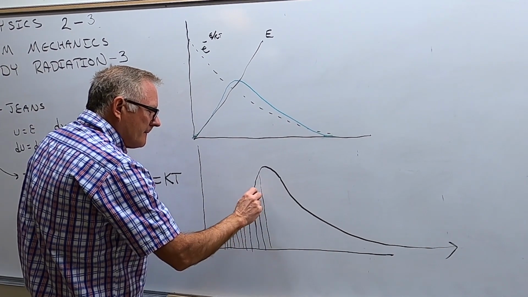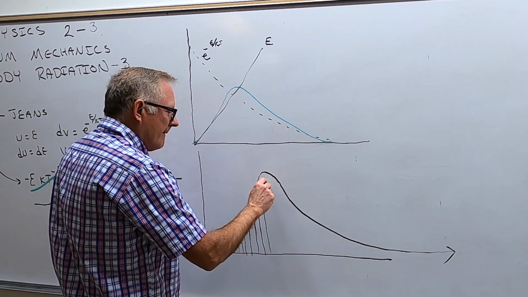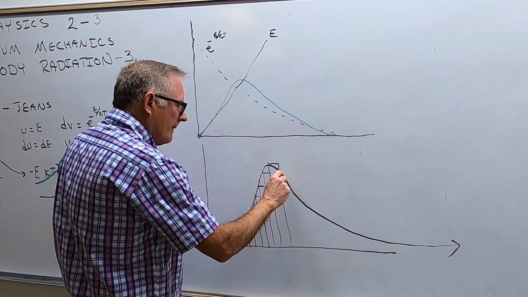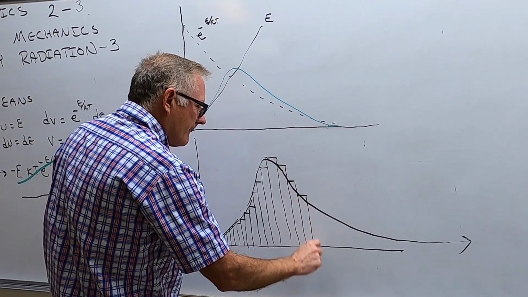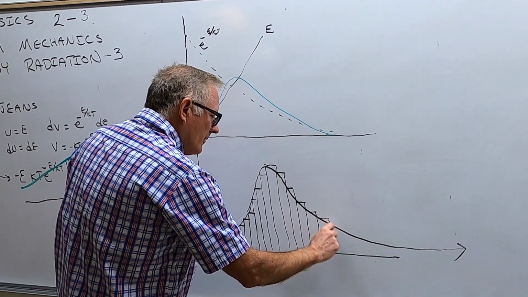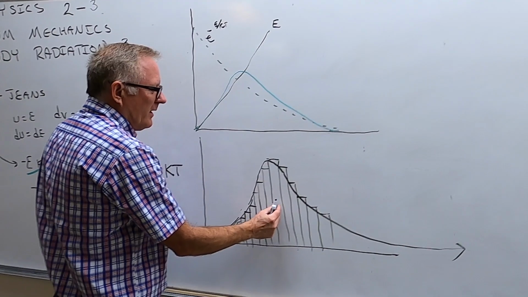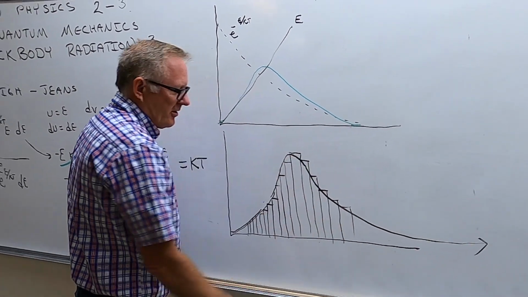And then eventually you made the width smaller and smaller. So you notice if you make this width really small, then you get the nice area under the curve.